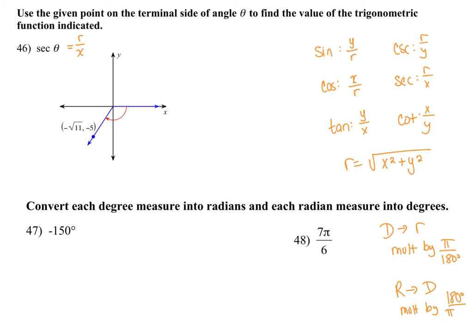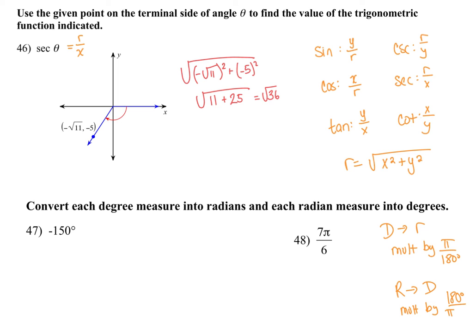All right? So the first thing I want to do here is solve for the r. I want to take the square root of the negative square root of 11 squared plus the negative 5 squared. You can actually ignore the positives and negatives when you're doing your r, because when you square it, it's going to get rid of it. So I have 11 plus 25, which means I have the square root of 36.